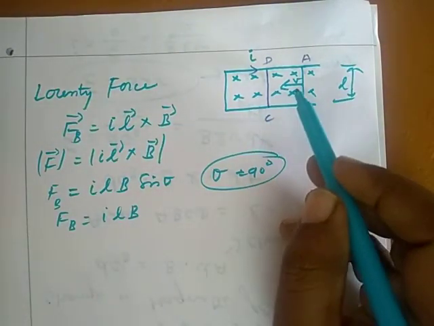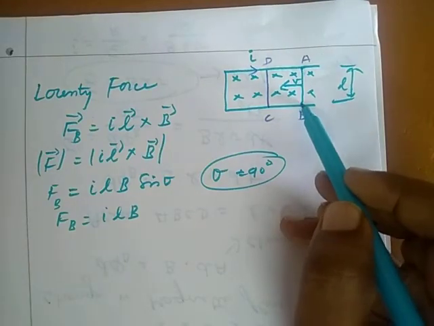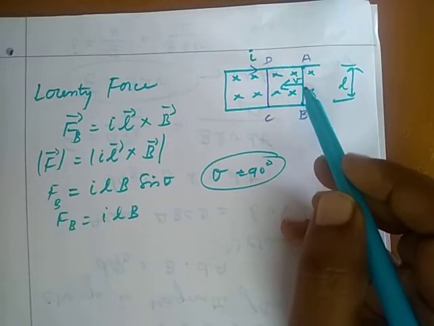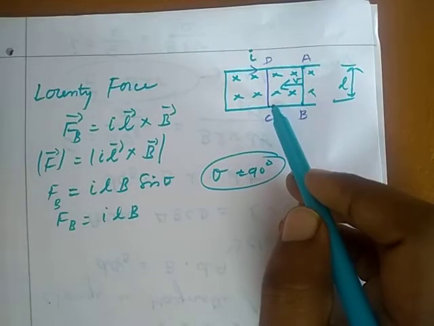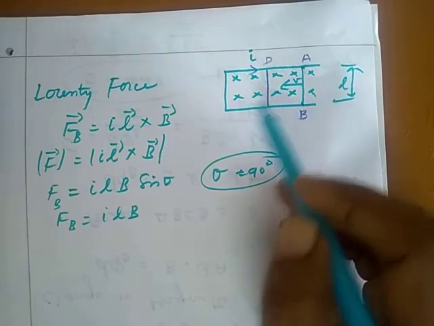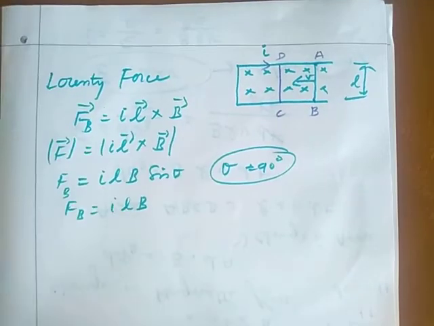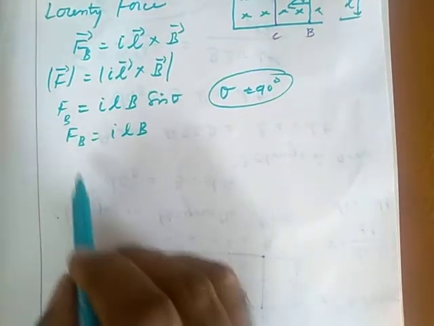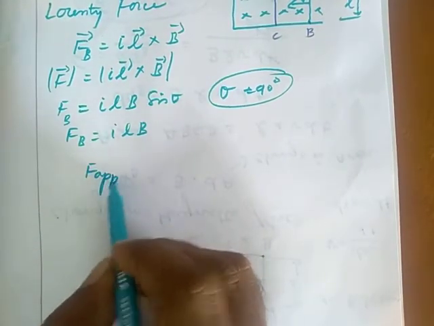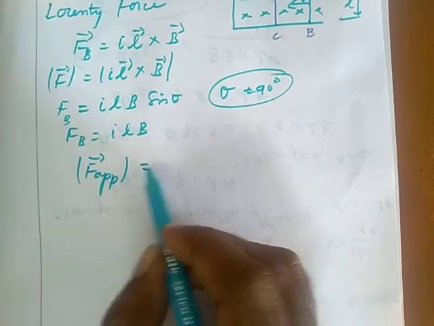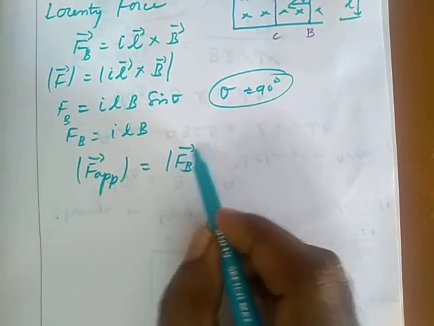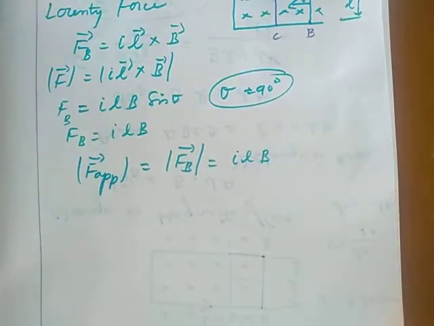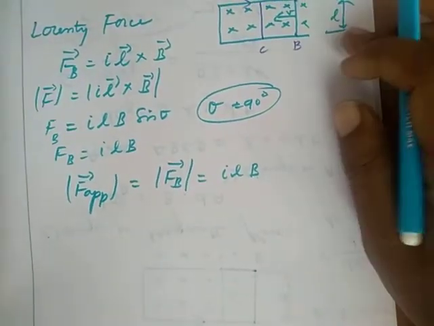In order to move the conductor with constant velocity, we need to apply an external force that is equal and opposite to the experienced Lorentz force. I can consider that as the applied force, whose magnitude is equal to the Lorentz force, so that is equal to I L B.